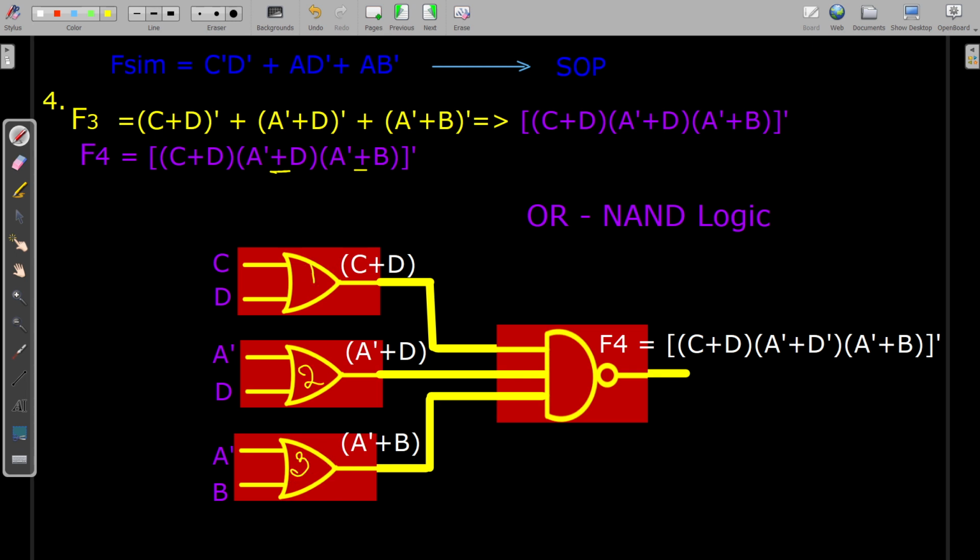So 3 OR gates are used. And again, these terms, first term, second term and the third term, are combined using this dot, and then one dash is also there. That means it is dot with an inverter, means it is NAND function. So we have implemented this using OR-NAND logic. So we have implemented the same function using 2-level logics, in 4 different 2-level logics. Okay, thank you. Hope you have understood.